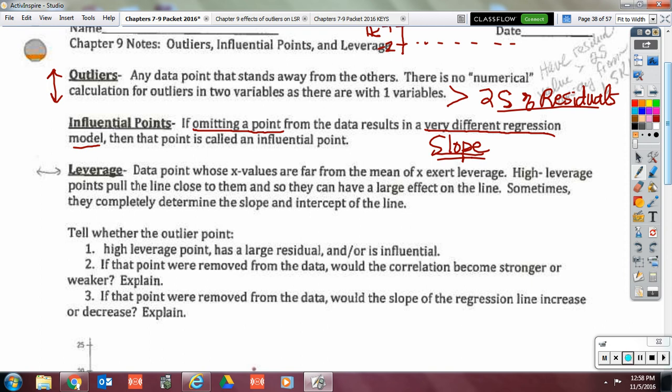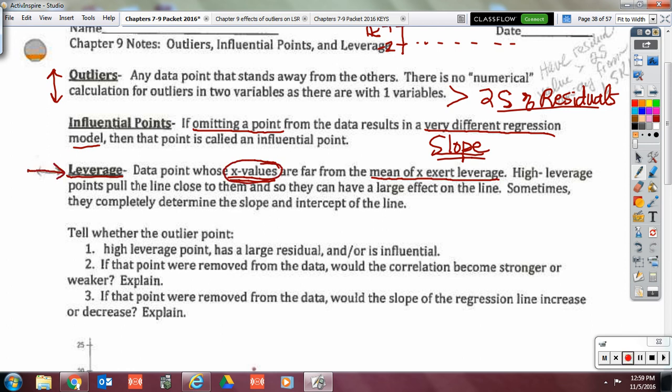All right, and the last thing, and we're going to take a look at these items physically here in just a moment. The last item, one that tends to be the most important one that can have the most effect on the equation of your line, are points that have high leverage. By definition, these are points whose x values are far away from the average of the other points, so in the x direction.